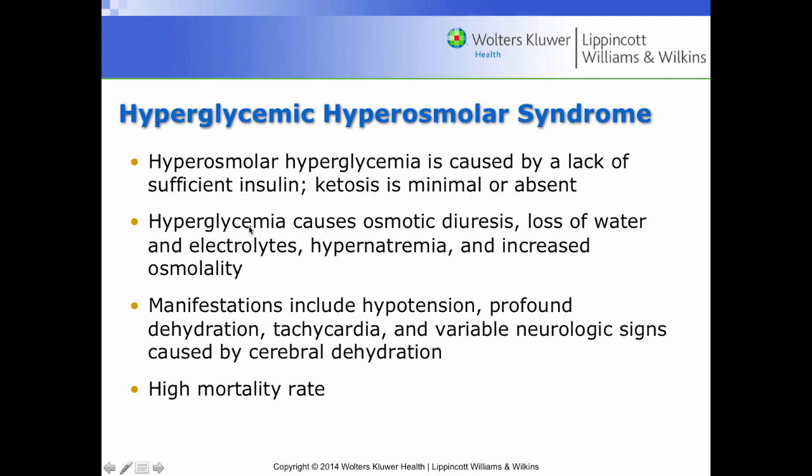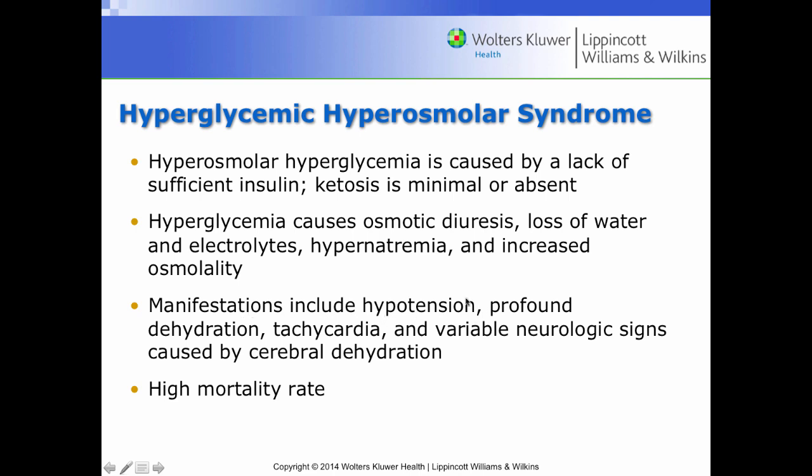And that hyperglycemia is going to cause that osmotic diuresis, the polyuria, loss of water and electrolytes. You're going to see this hypernatremia because of the dehydration and an increase in blood osmolarity. Okay? And that increased blood osmolarity is from this extreme hyperglycemia. So the person is dehydrated but hyperosmolar.